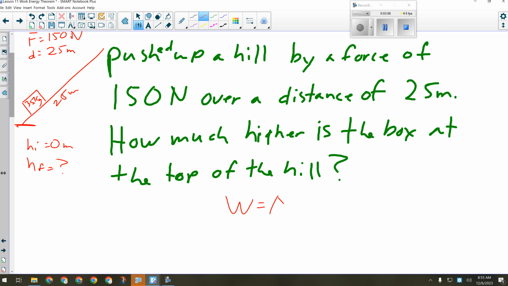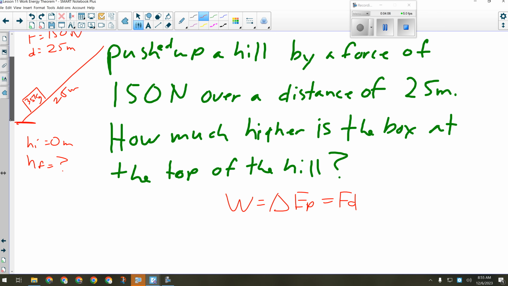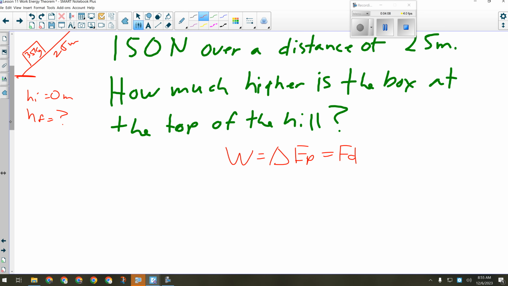Now I'm writing down that work is a change in potential energy, which is going to be force times distance. Now I'm going to expand that to say that force times distance is going to equal my final potential energy minus my initial potential energy.